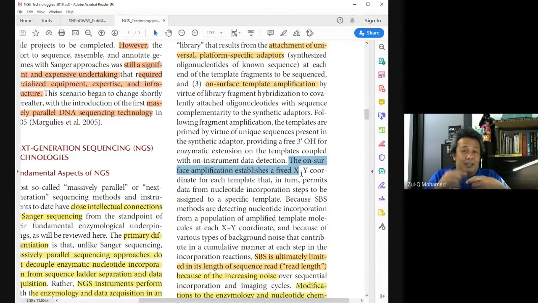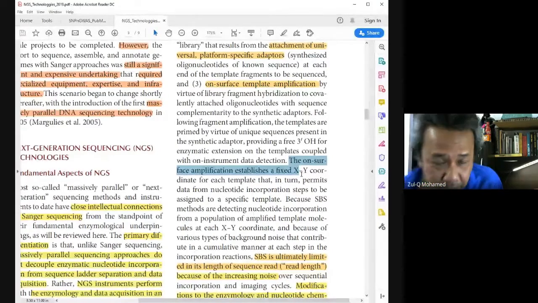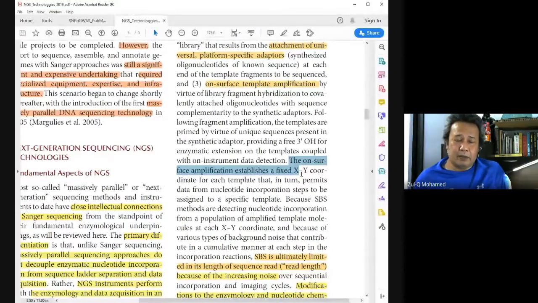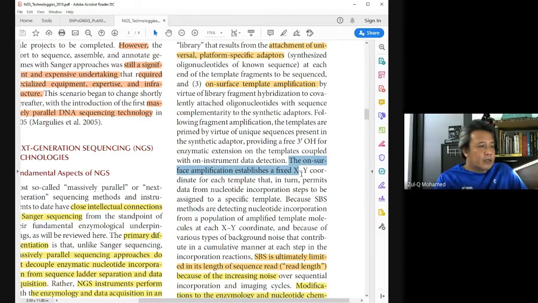In the one that uses beads, it is more systematic because they have wells, so now they know where the signals come from. But for Illumina, for example, the software needs to know where the samples are coming from, and they have to decide.